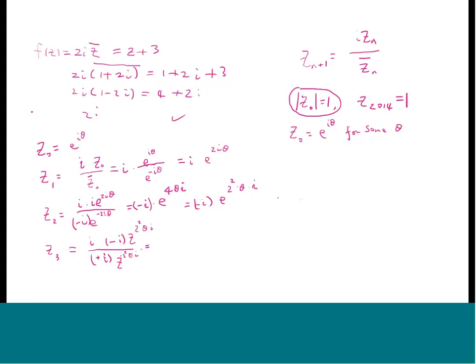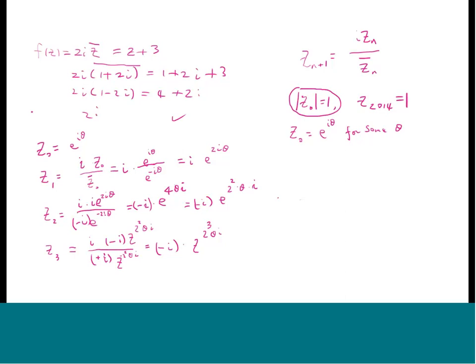Then it's going to be still minus i, times e to the 3 theta i, right? It's always minus i now. So let's double check: z bar minus i is always minus i.